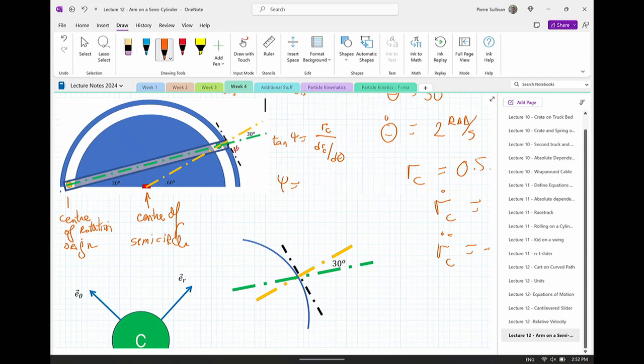Psi ends up being 60 degrees. So if you start out with 30 degrees in terms of the origin, or in terms of the circle, you end up with 60 degrees for this. So it's a complex looking motion that actually ends up with a nice number. So you got 60, 30, you got all of that.